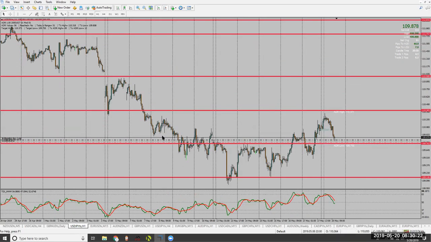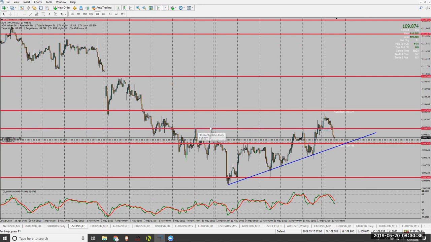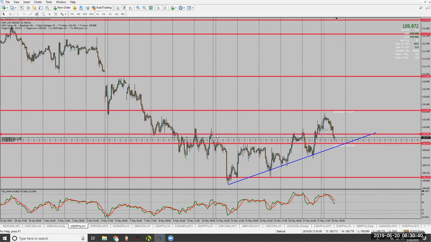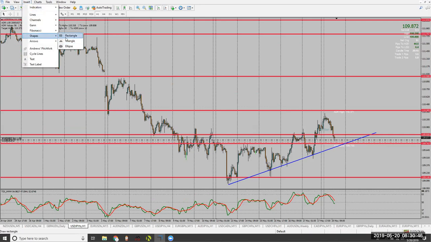Now look at this range right in here. We had a slight range. You can see in here how price began to show us an uptrend. And if we hit this area here, we can see that there's a slight resistance area here. There's a gap here.